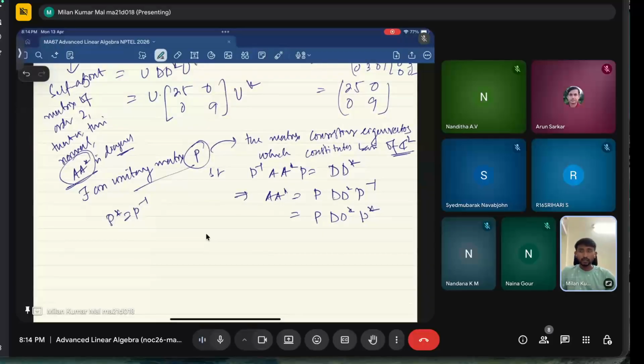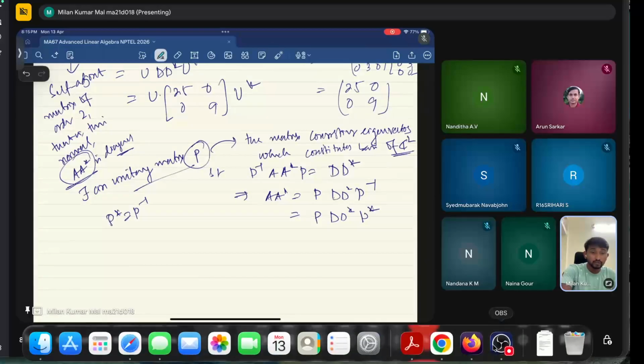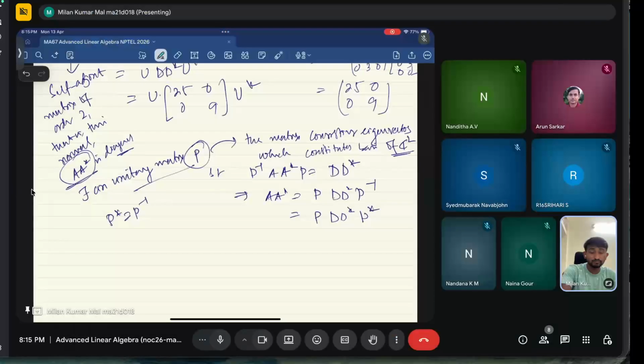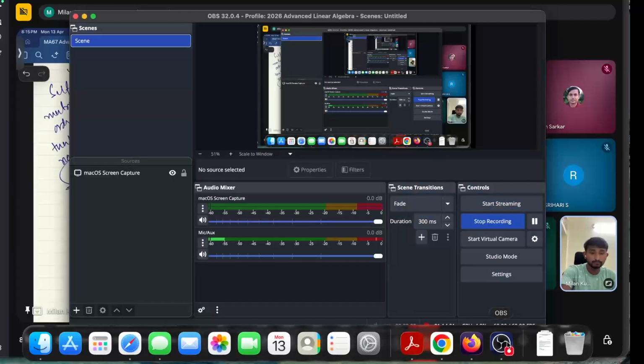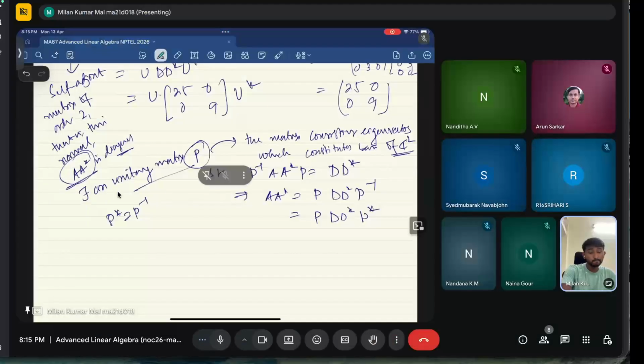If you remember, we had a theorem that a normal operator or matrix on a finite dimensional vector space is diagonalizable if and only if there exists an orthonormal basis consisting of eigenvectors.